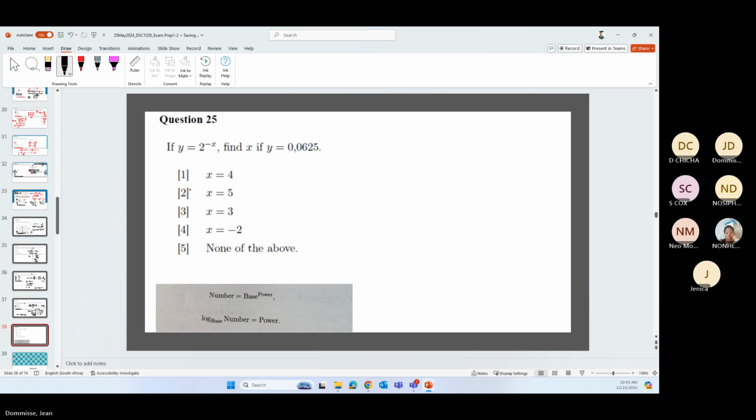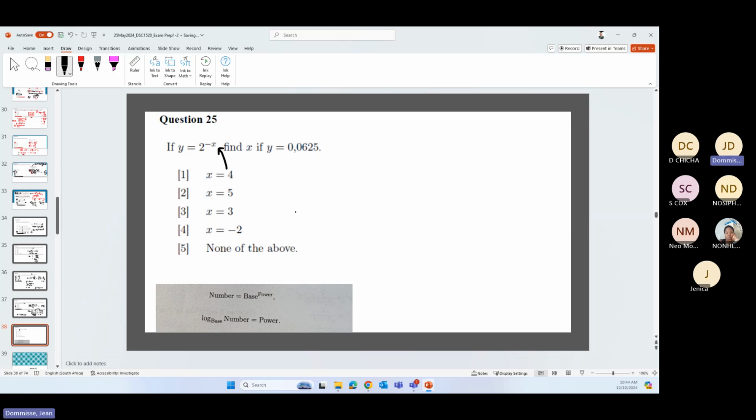So in this instance, you can do a few things. You can say, but hang on, I really don't know what to do. So I will just replace x in these formulas with a number. So if I say 2 to the power of minus 4, what do I get?